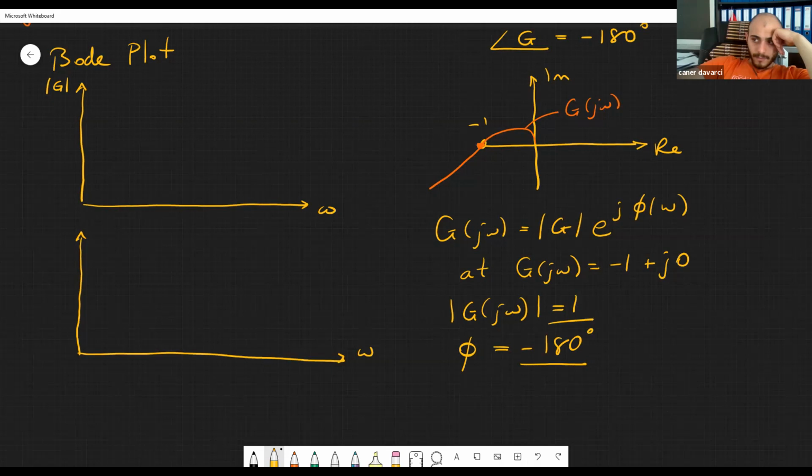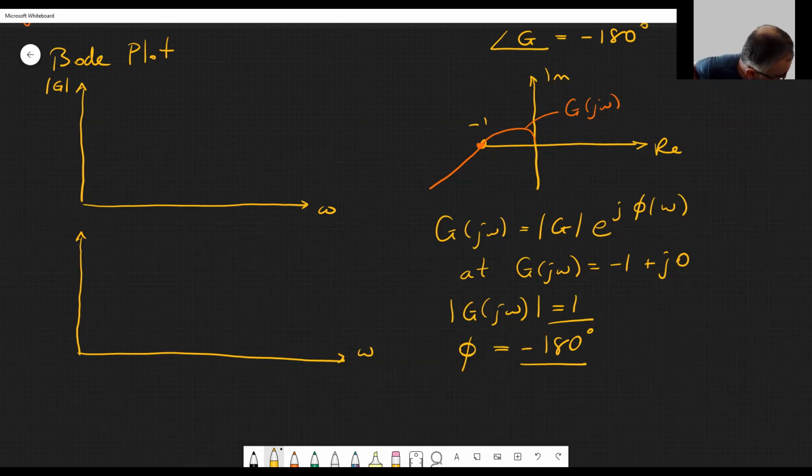So at the limit of stability, when the phase angle is -180 degrees, the gain of your system will be 1, or in terms of decibels, it will be 0 dB.